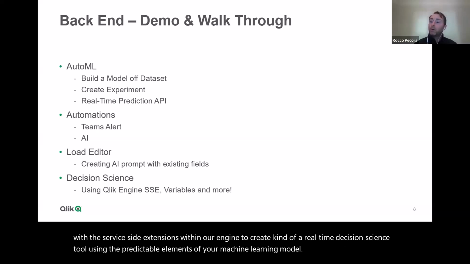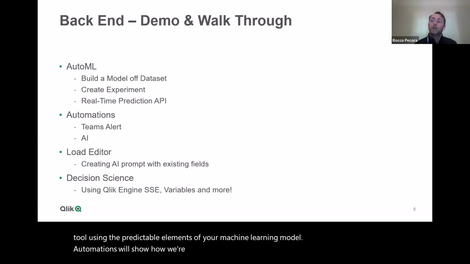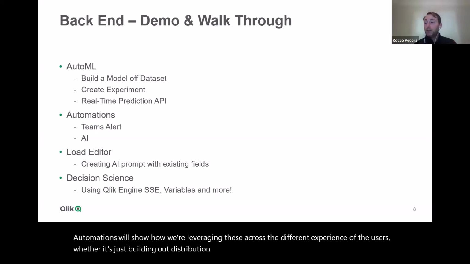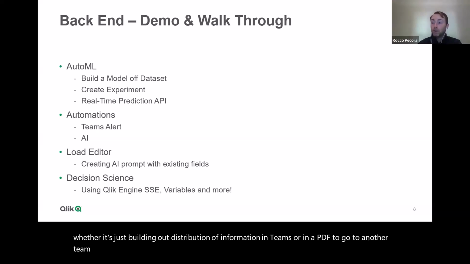Automations will show how we're leveraging these across the different experiences of the users, whether it's building out distribution of information in Teams or in a PDF to go to another team, like escalating to a resolution, which is part of the analysis, or leveraging AI, right?